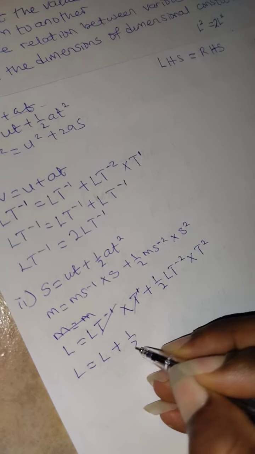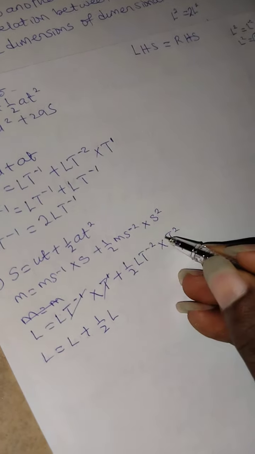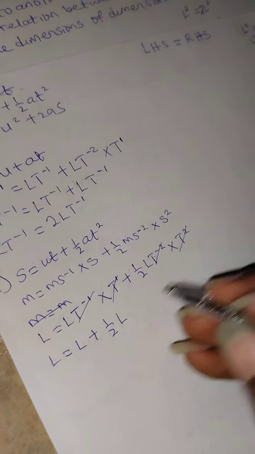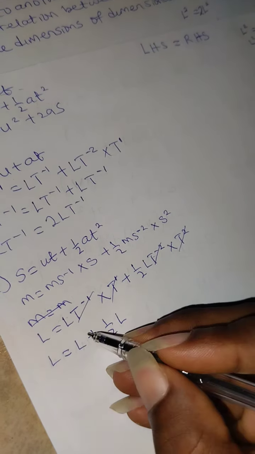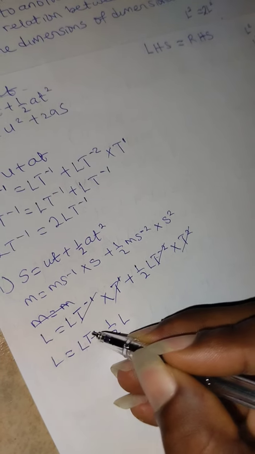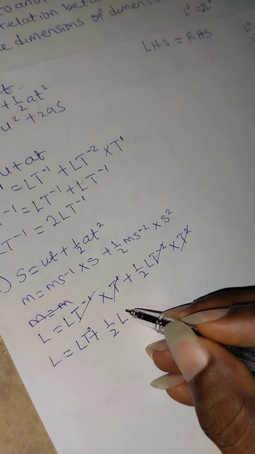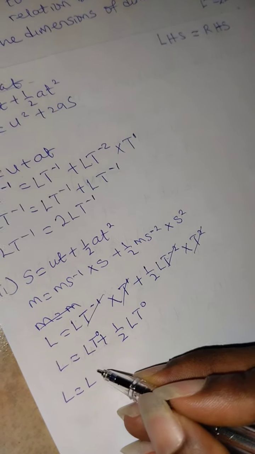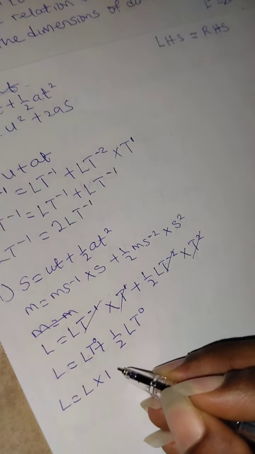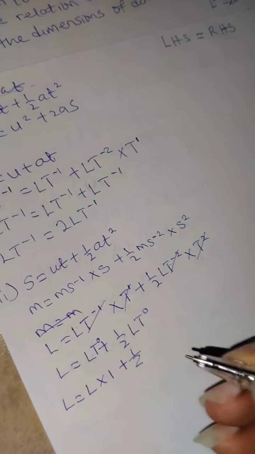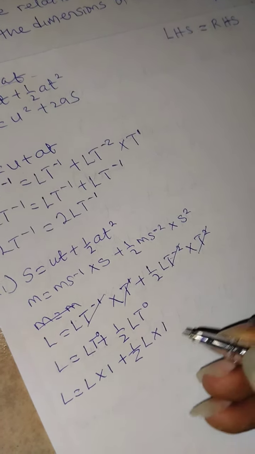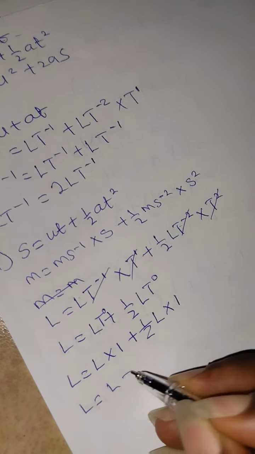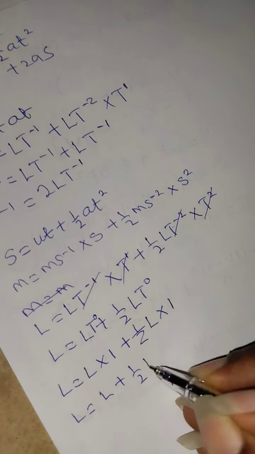Then we have plus half L. Minus 2 plus 2 gives me 0. So I can say T raised to power 0, and anything raised to power 0 is 1. So L equals L plus half L.